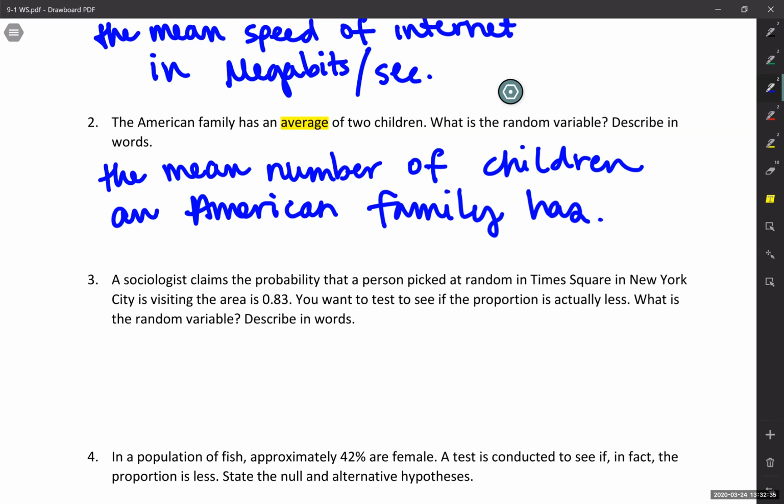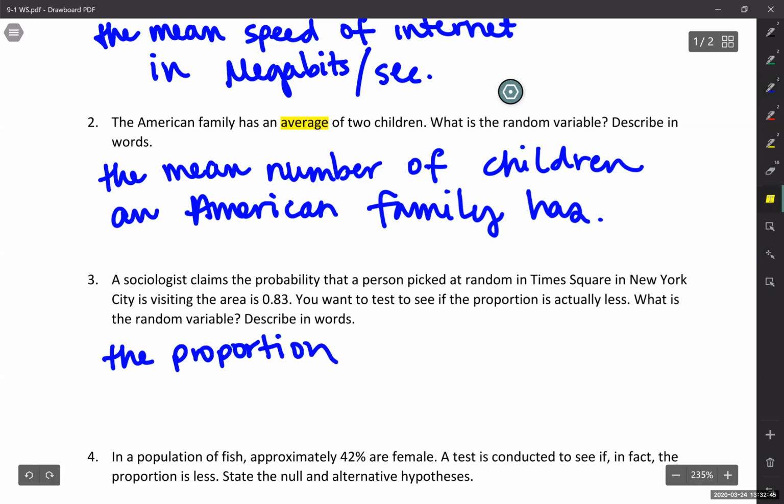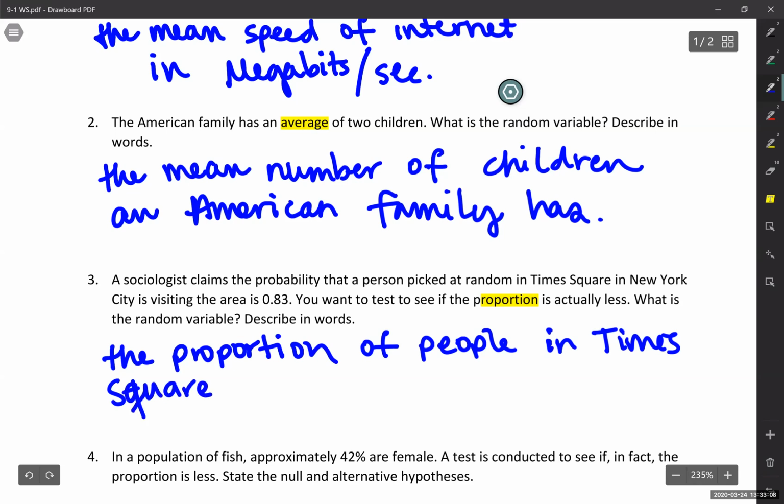All right, so now that you're back, we have the proportion. Because we are not talking about mean in this problem, we see the word proportion. The proportion of people picked at random, or yeah, we'll just go people in Times Square that are visiting New York.